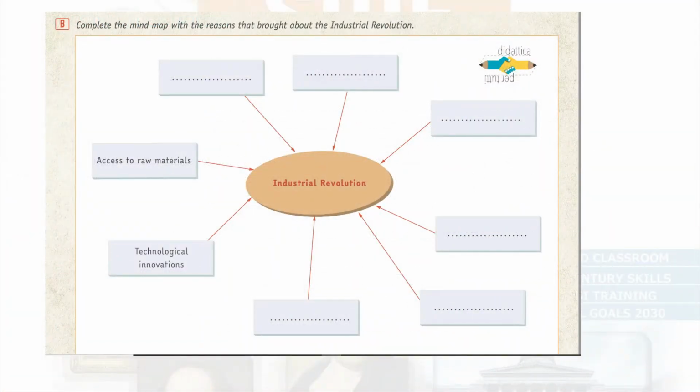Well, here is another activity, which is a mind map the students are supposed to complete with missing information. So this is about the key ideas, key concepts, all relating to the period, the phenomenon of the Industrial Revolution. And this activity is part of the so-called inclusive learning strategy.